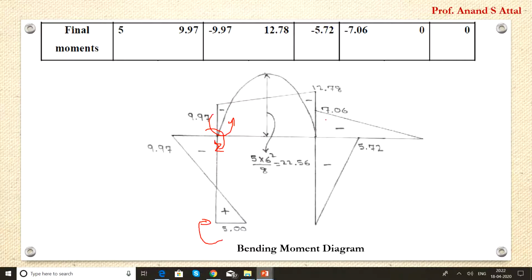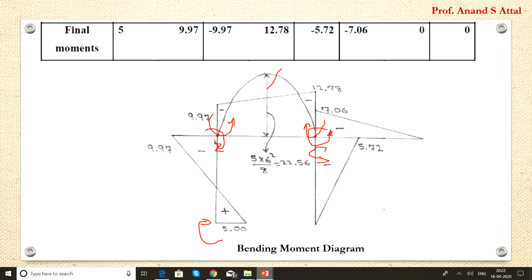On CB it is 12.78, like this one. For 7.06 minus clockwise, here it is 7.06, and here it is minus 5.72, and this is WL square by 12 as a UDL.